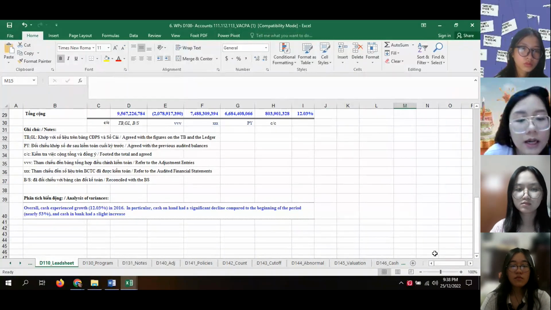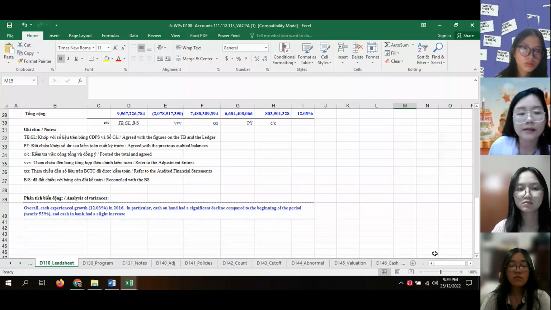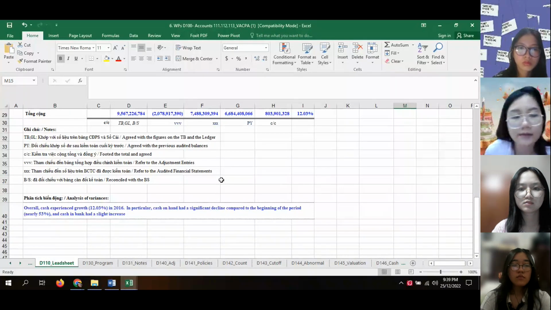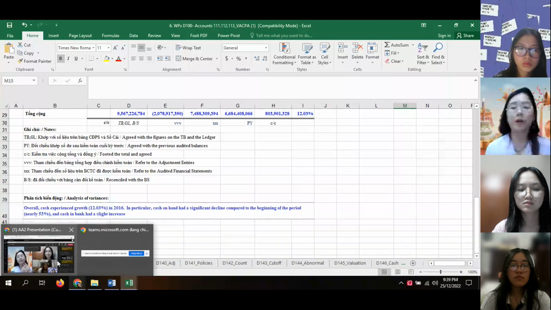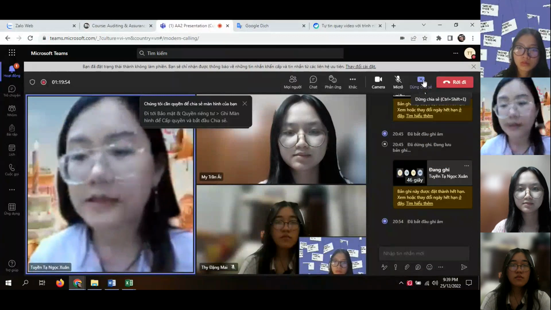In particular, cash on hand has a significant decline compared to the beginning of the period, nearly 53%, and cash in bank has a slight increase. This is a very important analysis of variance, because from that we get the picture of the cash. And this is our presentation. Thanks for listening.